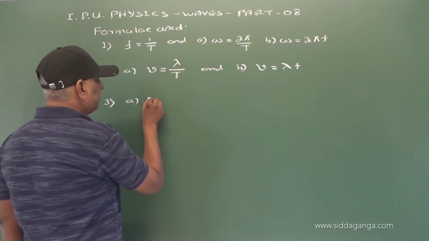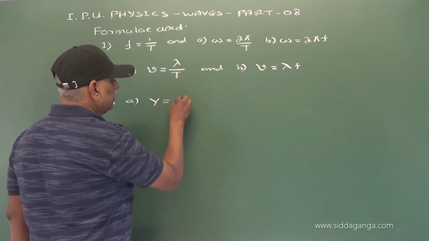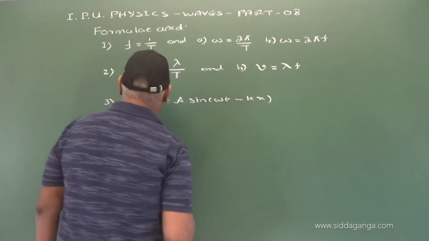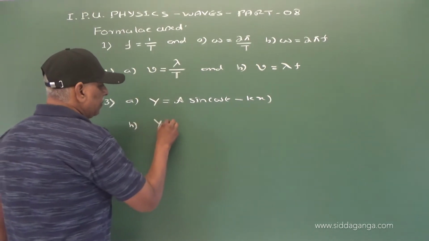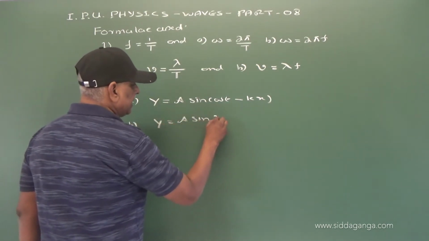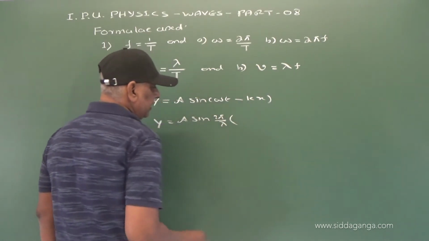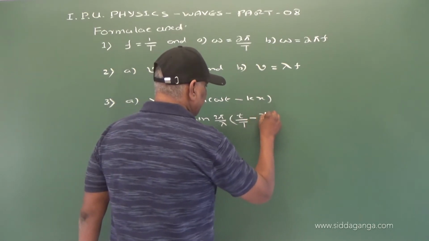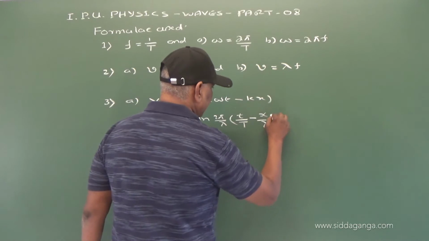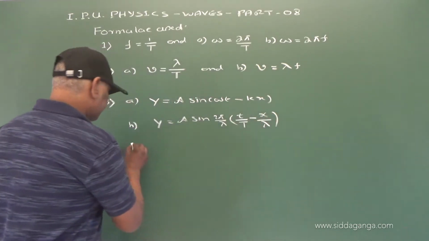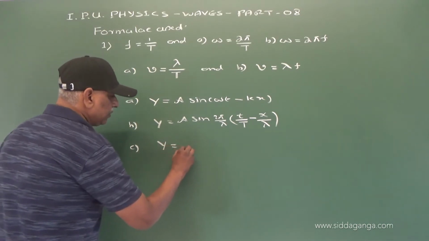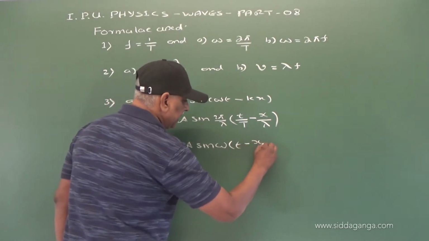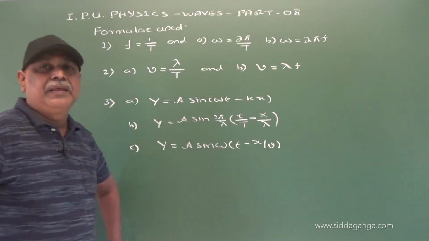The standard form of the wave equation: a) y = A sin(omega t - kx), b) y = A sin 2 pi (t/T - x/lambda), c) y = A sin omega (t - x/v).